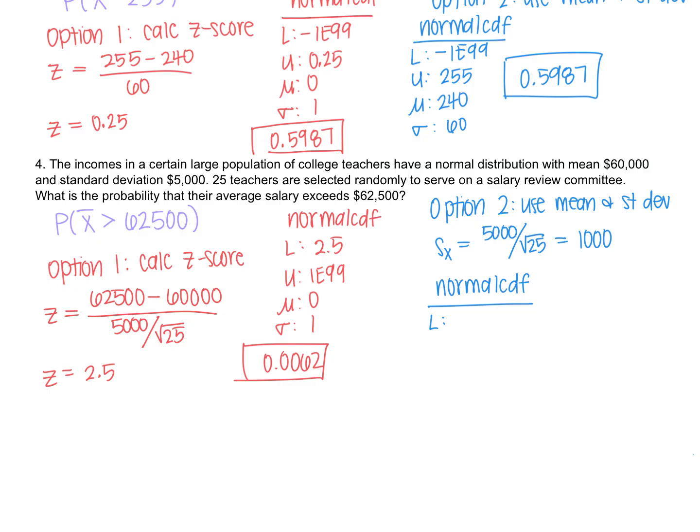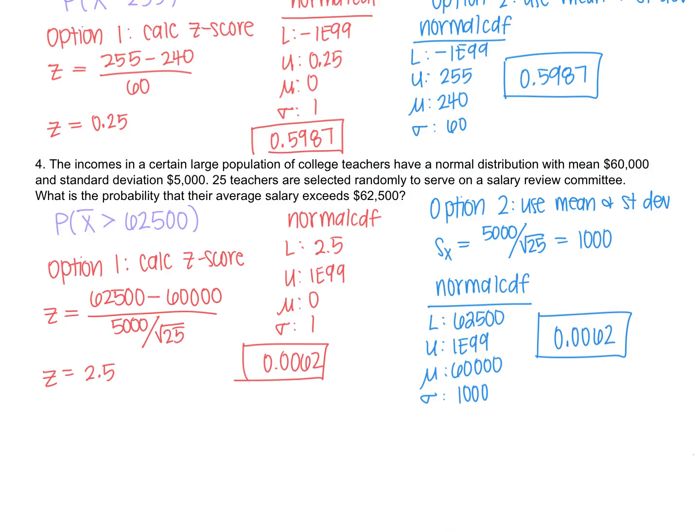The lower bound is going to be 62,500, upper bound of 1E99, mean of 60,000, and standard deviation of 1,000. And it still results in a p-value, or a probability, of 0.0062.